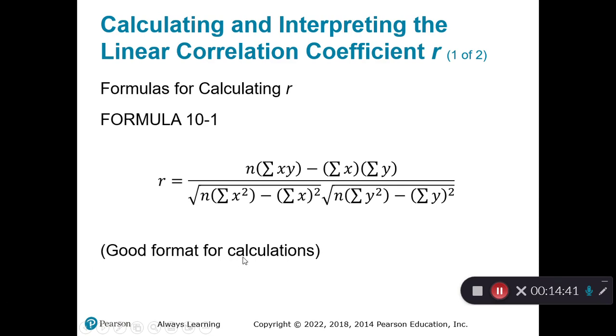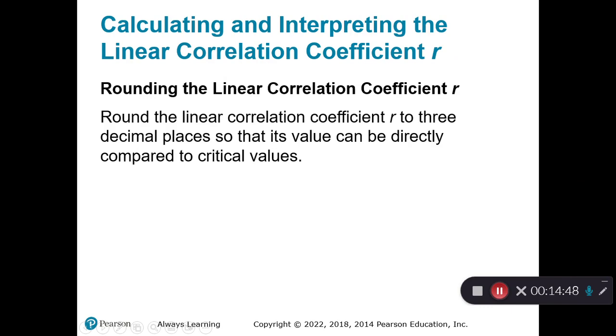It is a good formula for calculating r, but again, still very, very tedious work. If we were to use the formula, we would want to round the linear correlation coefficient r to 3 decimal places to compare it to some values on a table that we'll see in just a bit. Again, we will be using our calculator to find r, so we will be given a 3 decimal value using technology.